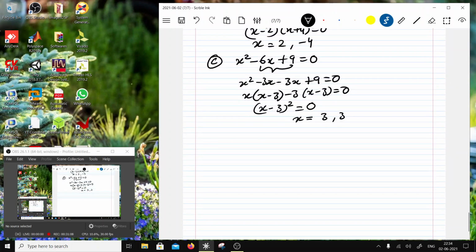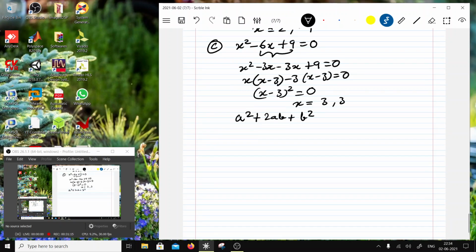Okay, so there is another way of doing this, if you can express this as a square plus twice of ab plus b square. So in this case this is x square plus twice of ab, where a can be x and b is minus 3.